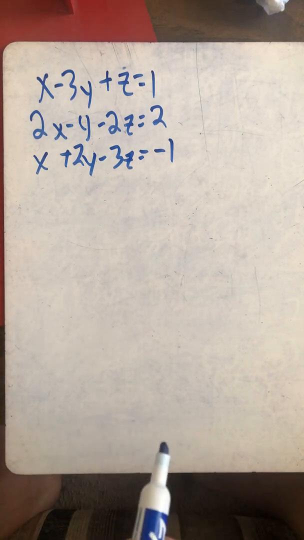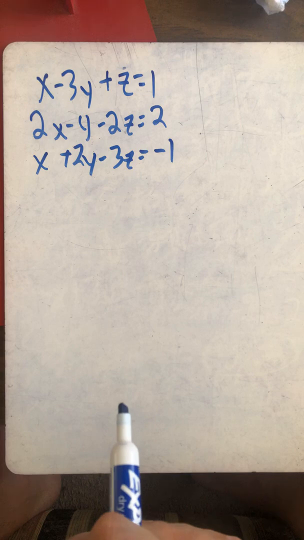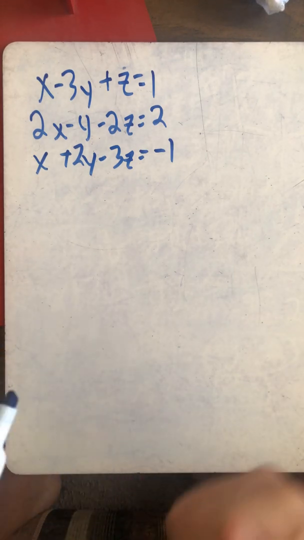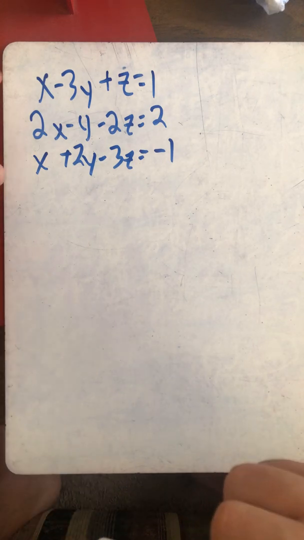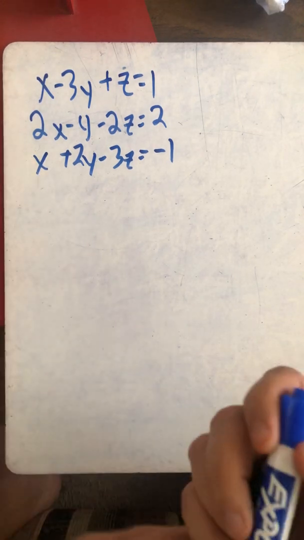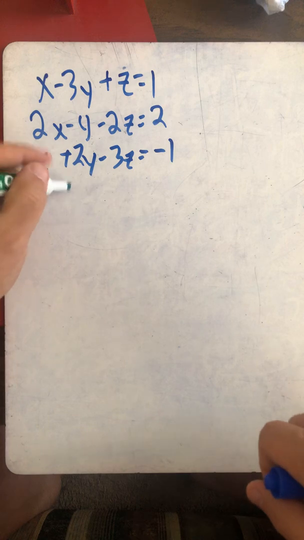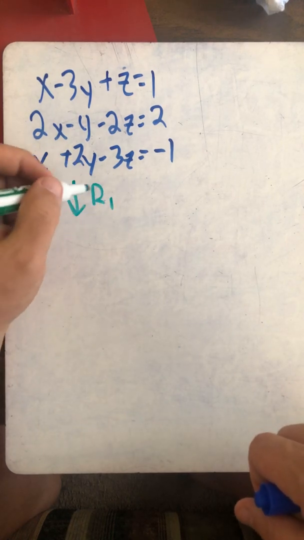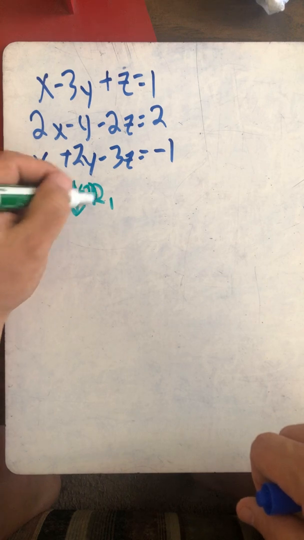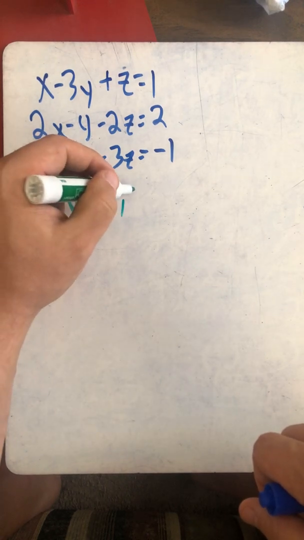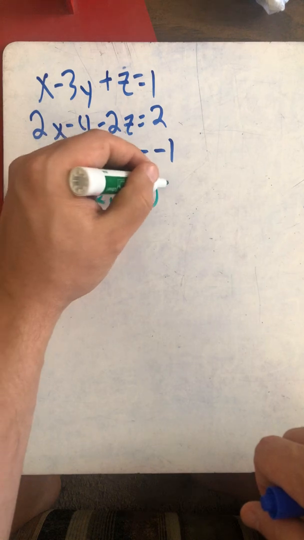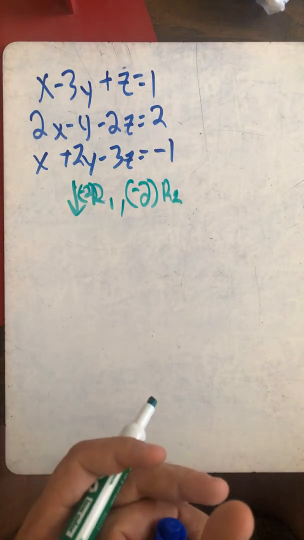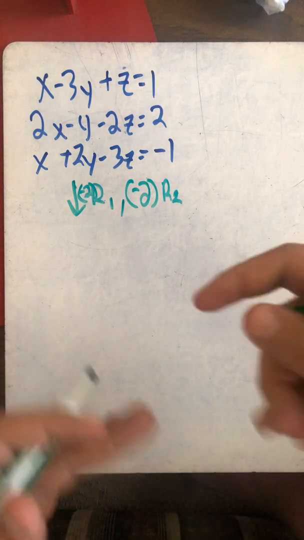So I'm going to look to see what's going to be the easiest variable to eliminate from, well, all 3 of them. What I'm kind of seeing, the one that's going to require the least amount of work for me, are the x's. Because what I'm going to do, I'm going to take row 1 times -2, and I'm going to take row 2 times -2. I'm not going to combine them quite yet, but I'm going to multiply them so that way I get stuff lined up.